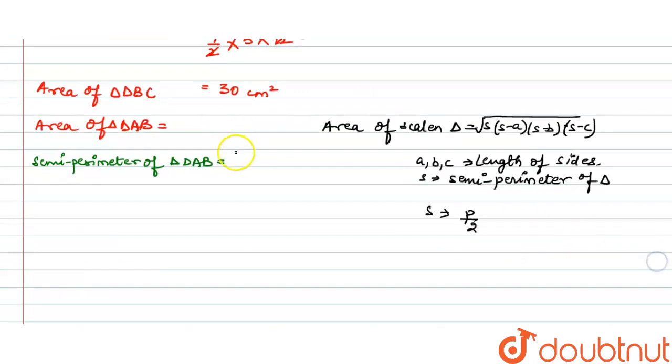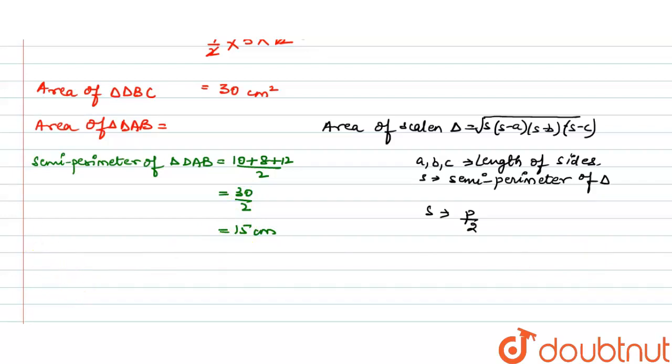So 10 plus 8 plus 12, all divided by 2, because the perimeter is 10 plus 8 plus 12 and it is whole divided. This will become the semi perimeter. So when we add, this will come out to be 10 plus 8 is 18 plus 12, this is 30 by 2. So this will come out to be 15 centimeters is the semi perimeter.